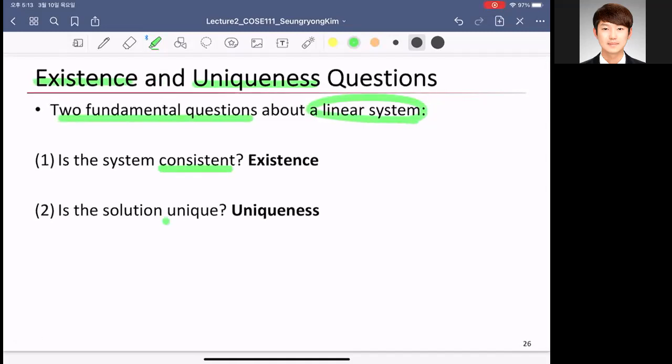And is the solution unique? The first question is relevant to the existence of the solution, and the second question is the uniqueness of your solution. So any linear system can be described by 2 questions: consistency and uniqueness, or existence and uniqueness, right?